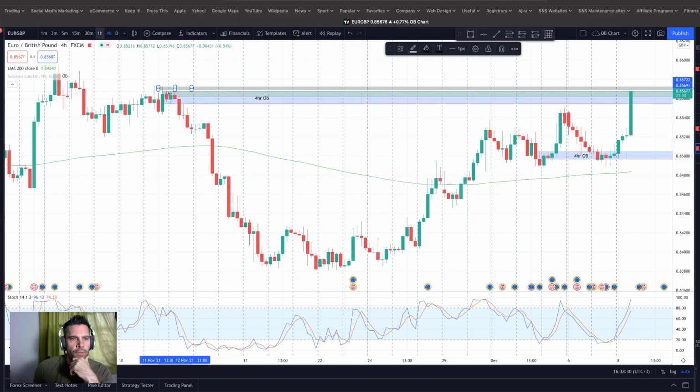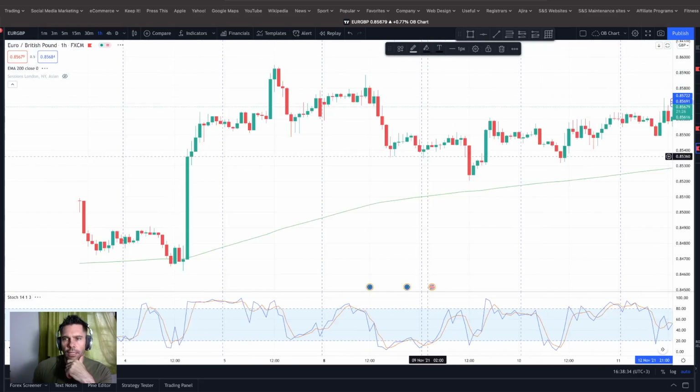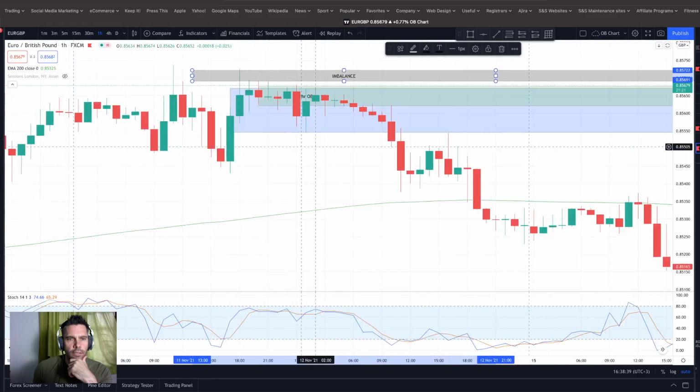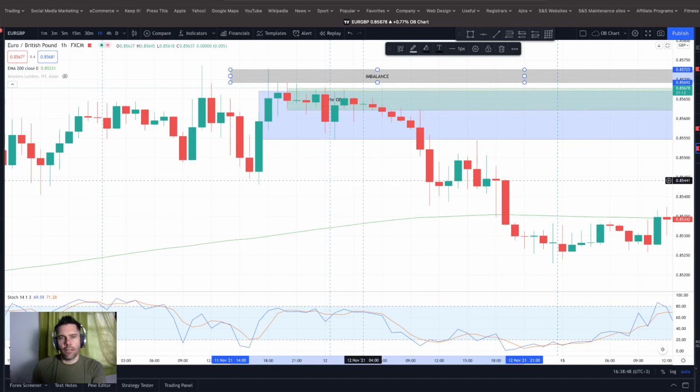Even on the hour, if you look at that, it's about the same. It's basically from the top of that wick to the tops of these wicks. I consider that an imbalance.